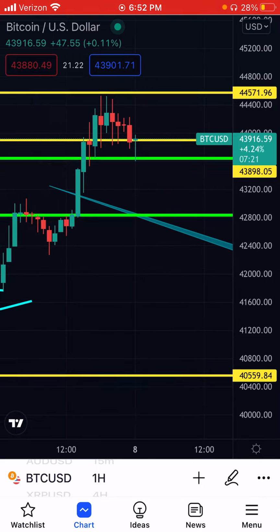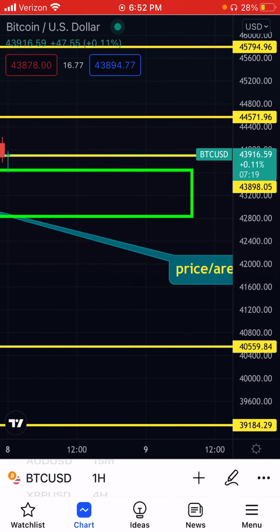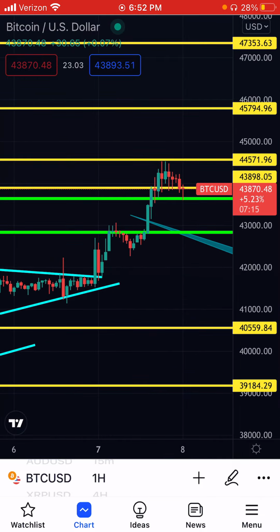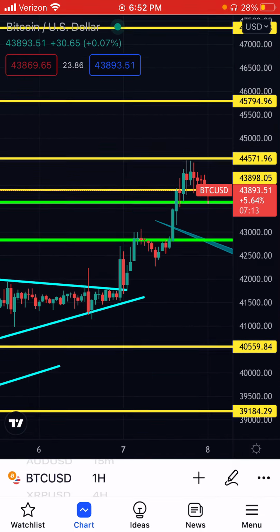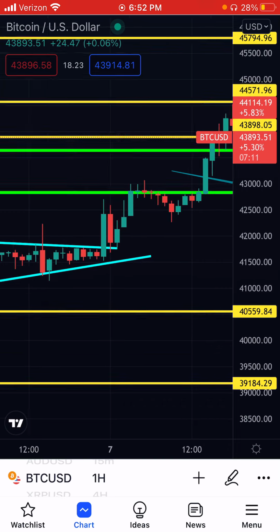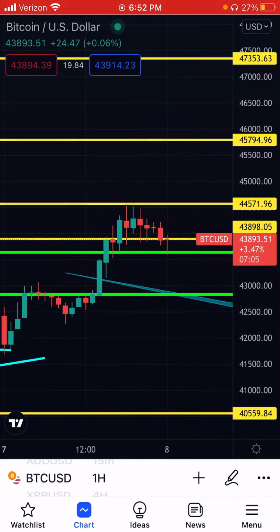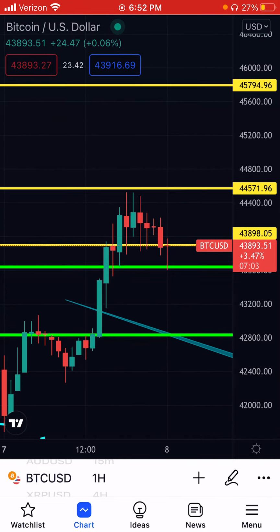Yeah, there it goes. I pointed out price area testing right here. It tested off it, bounced, it did a pushback, a pullback, should I say, and then it did a rally upwards, right?